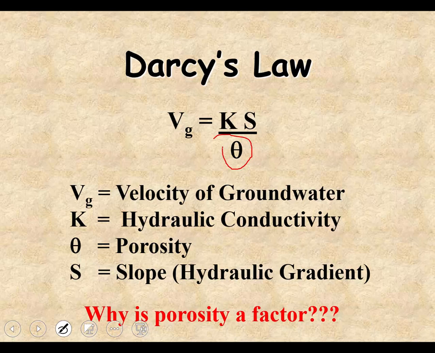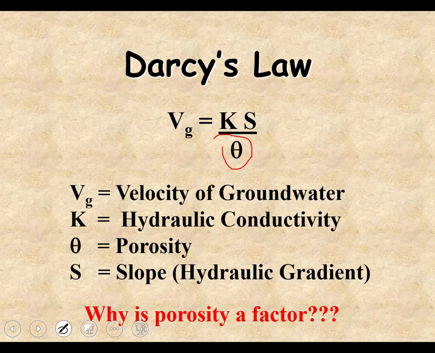And so that slows down the velocity, and it slows it down inversely proportional to the porosity. The larger the porosity, the faster it flows. The smaller the porosity, the smaller the holes, the slower it's going to go.